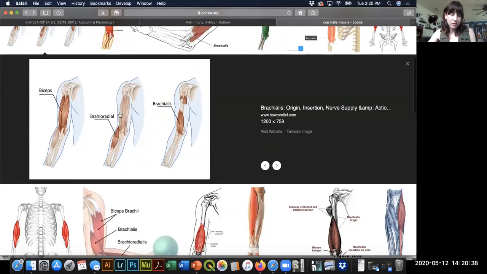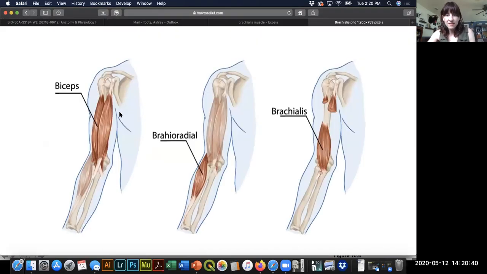Yeah, check this out. In this image, you can see that the biceps brachii actually has two heads, or two origins, up here with the pectoral girdle, right? So here is the coracoid process of the scapula.